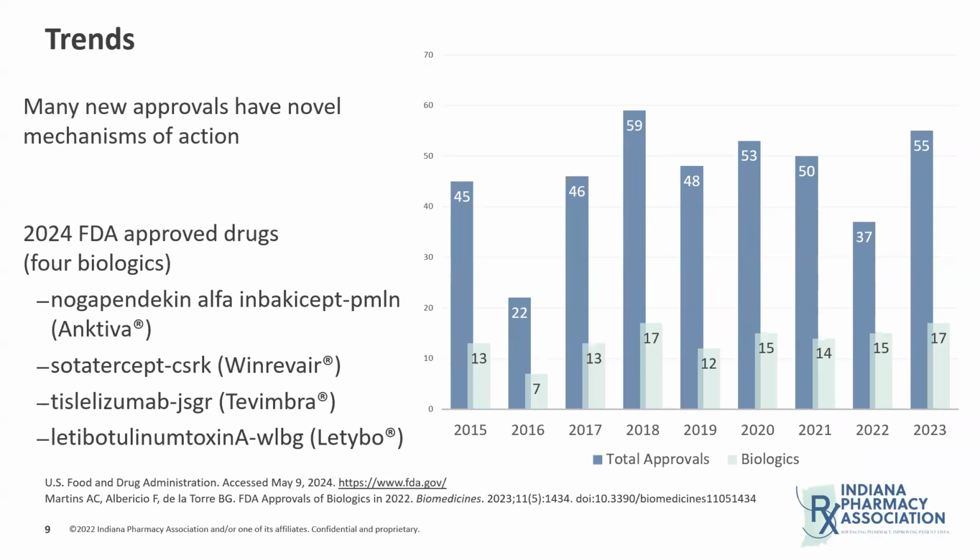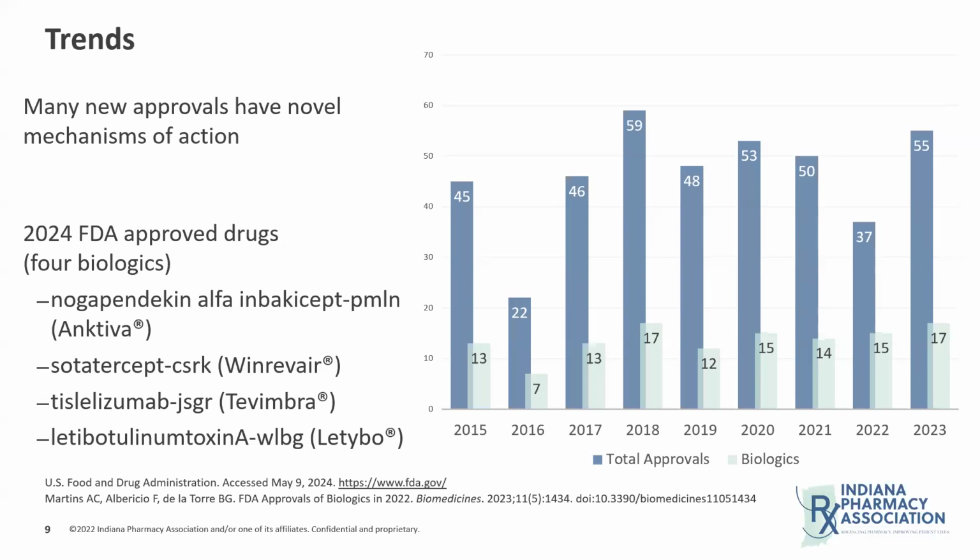So far in 2024, we've had four new approved drugs that were considered a biologic, and these are the trends from the last 9 years. I don't know exactly what I'd call that color, because obviously we have blue, but then there's a light blue green. I could call it turquoise. I don't know. We'll talk about that later.